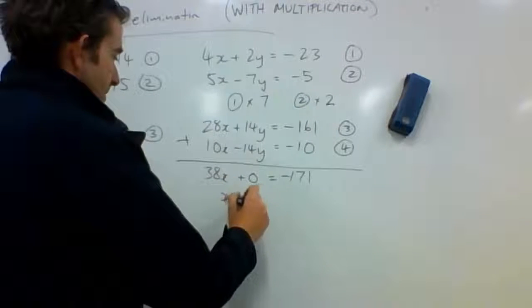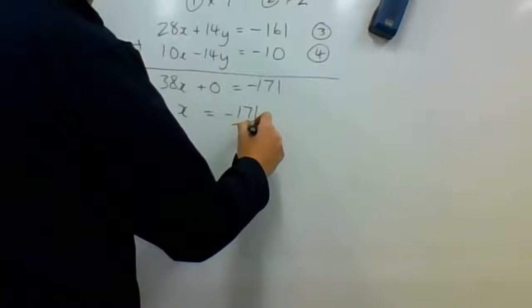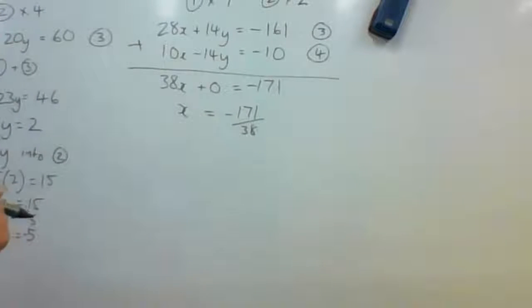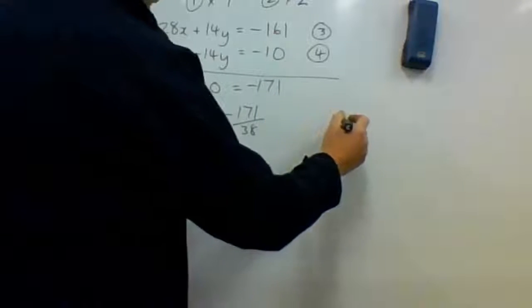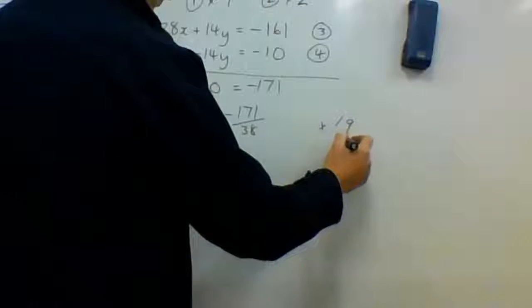x is then going to be equal to negative 171 over 38. So what I should try and do here is find something that goes into both numbers. Now, that is not easy, because if I look at the number 38, the only things that go into 38 are 2 and 19. Maybe 19 goes into 171. Let's try 19 times 9.